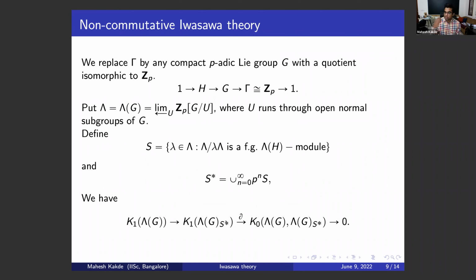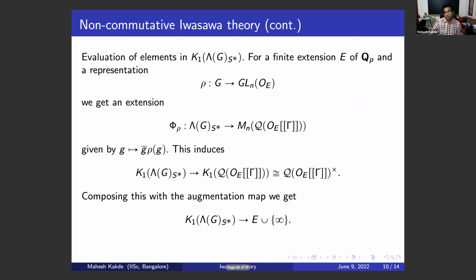And you can say that you can choose this element in such a way that through these evaluation maps, you get L-values out. So that's the nature of a main conjecture in non-commutative Iwasawa theory.